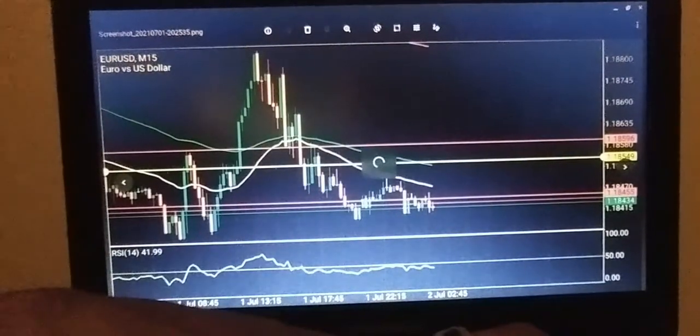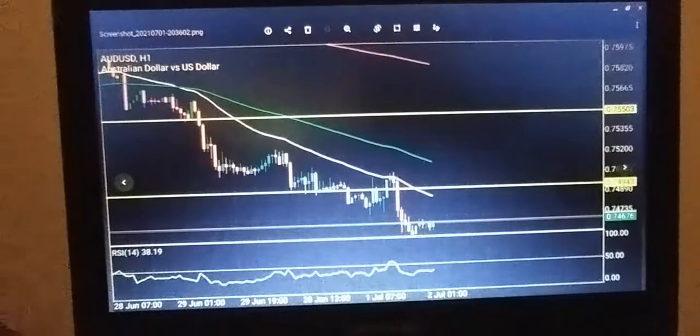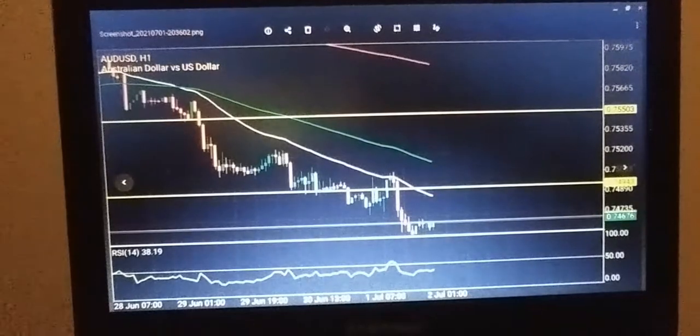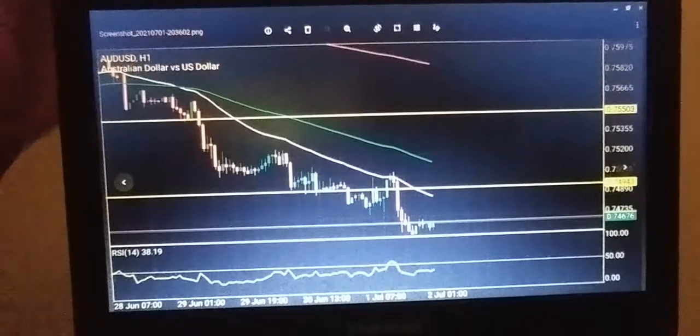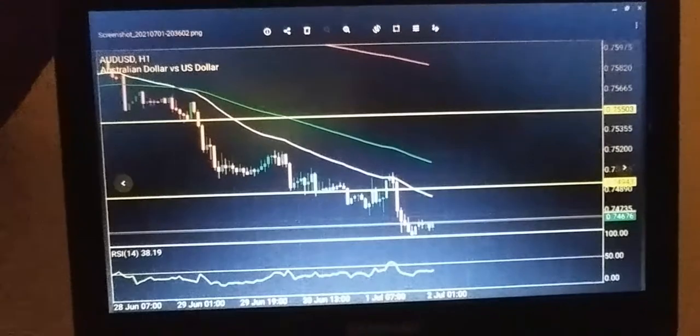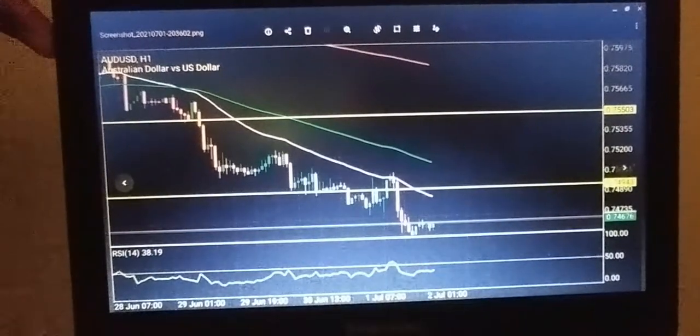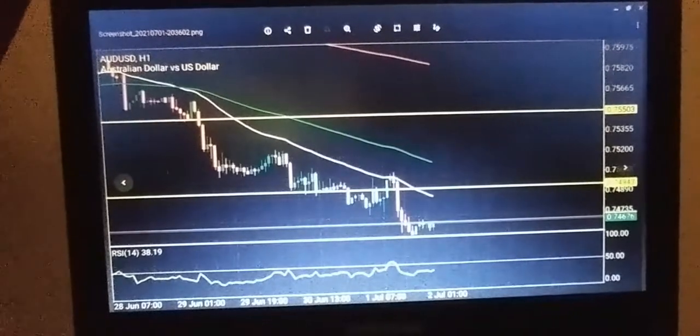Up next here, I wanted to go over the Australian dollar US dollar. And so it's pretty much the same thing. I do have some support and resistance lines drawn out here. And you can see, just like the Euro US dollar, it's in a downtrend. And so the US dollar has been strong within the markets the past several days or so.